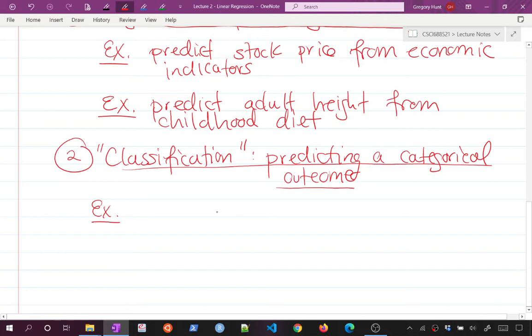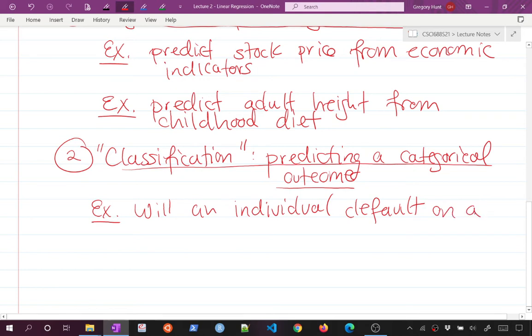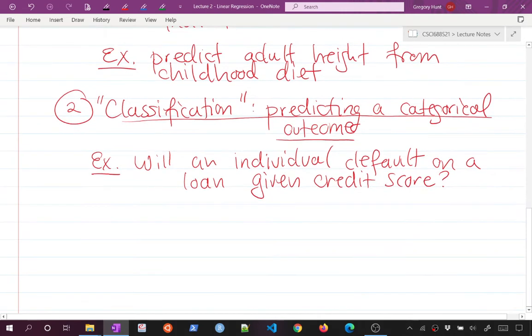One that you could get paid to work on, and that's of interest to all companies that extend credit, would be: will an individual default, i.e. not pay, on a loan given maybe credit score? Can we predict if an individual is going to default on a loan given their credit score?